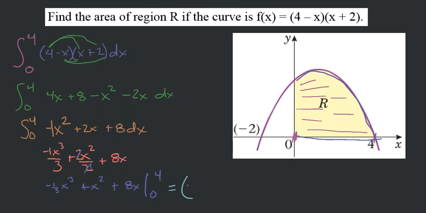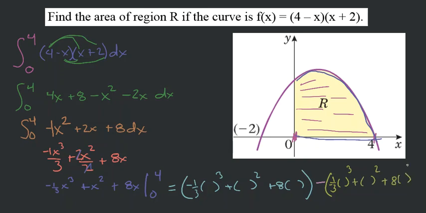We have minus 1 over 3 something to the third power plus something squared plus 8 times something, all of that, minus the same thing again with this 0 plugged in. So it's going to be minus 1/3 something to the third, plus something squared, plus 8 times something.